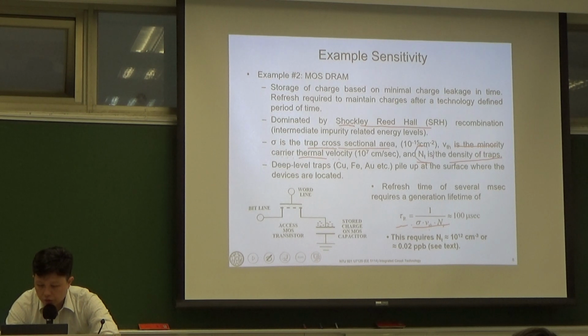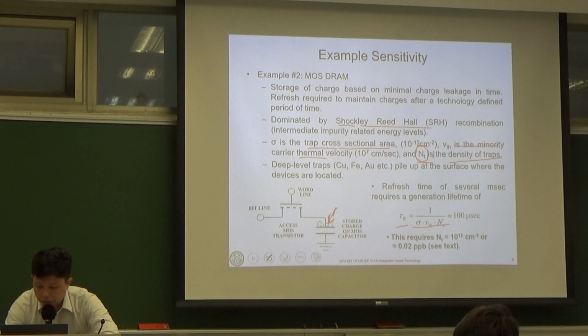So if this one changes a lot, then that will affect your recombination rate, which means that the carriers you store in this MOSFET can vanish quickly, so you have to refresh this DRAM constantly. So that will cost more power consumption, right? So this refresh time is highly dependent on your defect density.